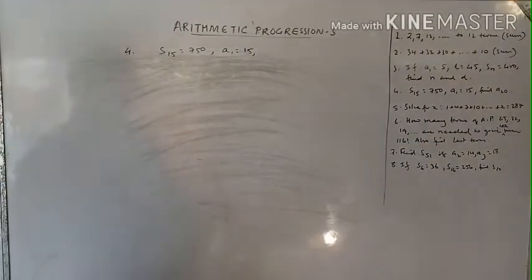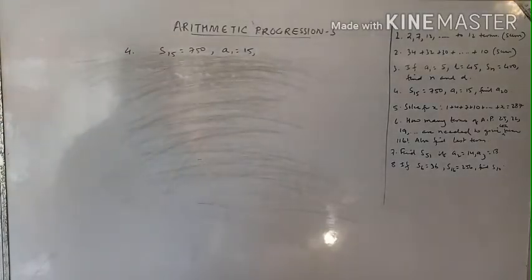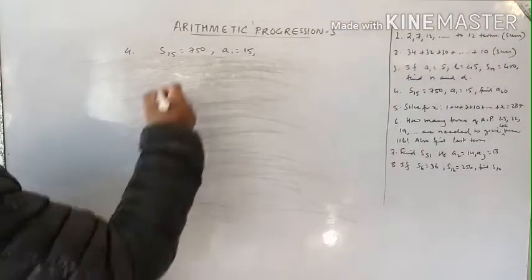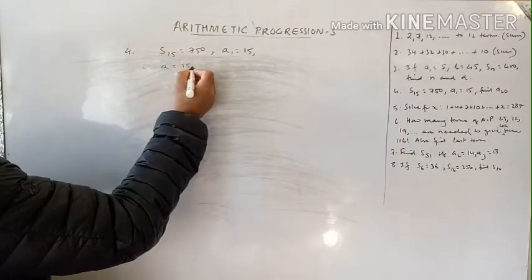So we have to find the 20th term. Okay, so the sum is given, and we have to find the 20th term, a20. Let me check the question. Find the 20th term. So a1 is 15 means a equal to 15.